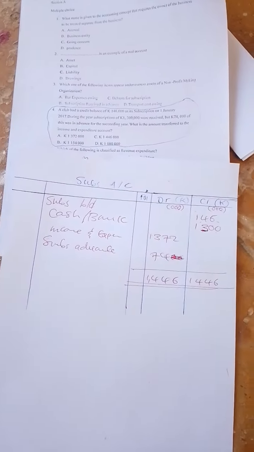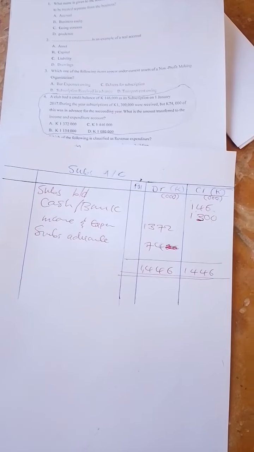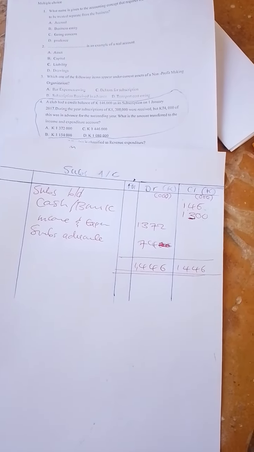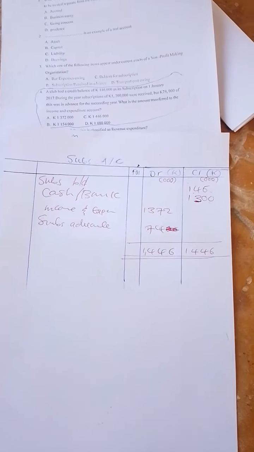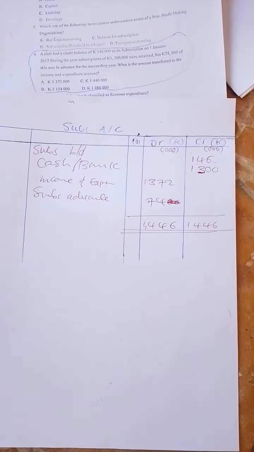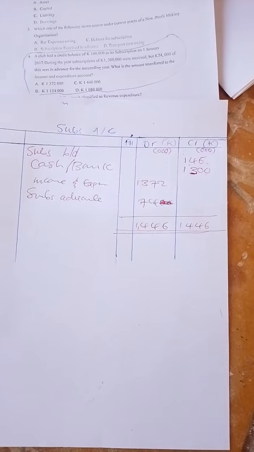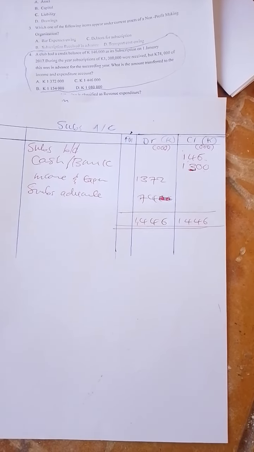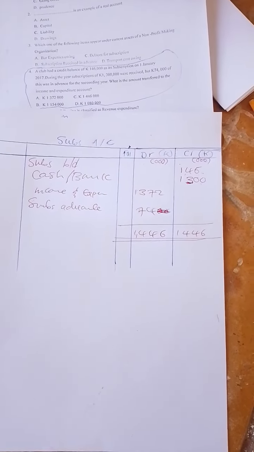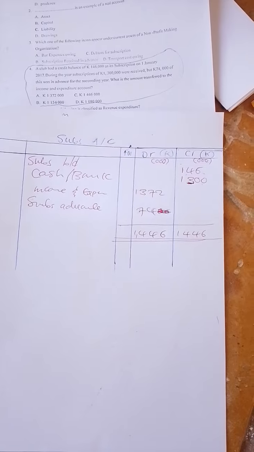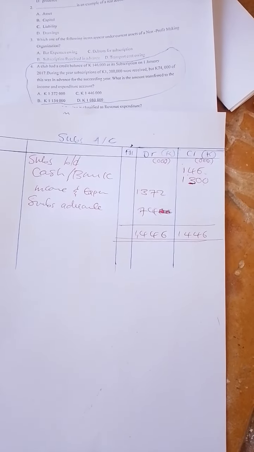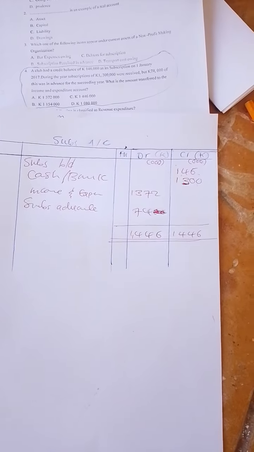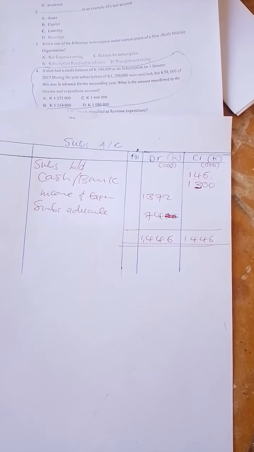So to show that this is an amount for creditors, they are creditors in short. Creditors at the close of the year, on 31 December, will be on the debit side, so that on the first of the next year it will be on the credit side. Remember, the balance brought down may be on the debit or on the credit side.